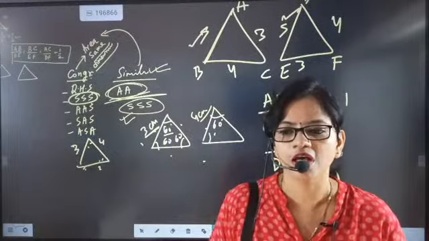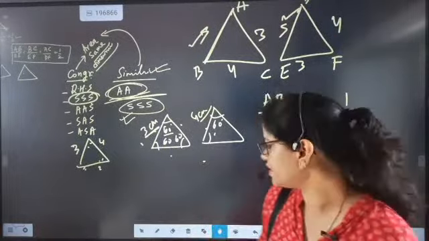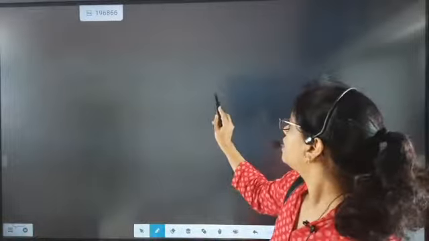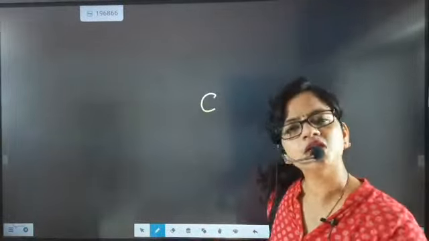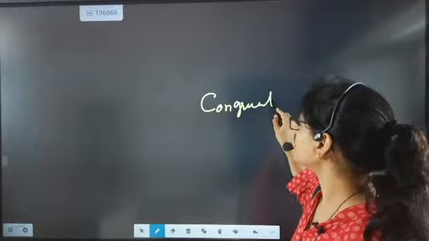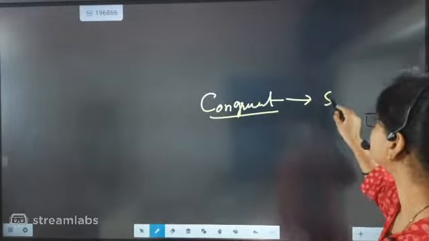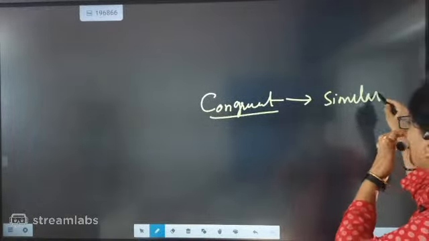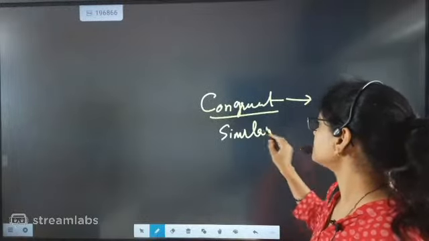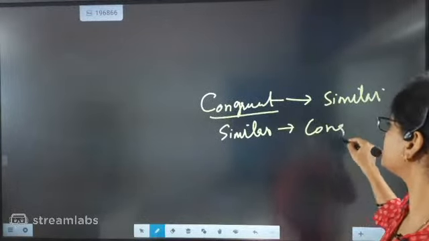Now I am going to a very important section, you have to tell me this. The figure which is congruent is 100% similar, and the figure which is similar is 100% congruent.